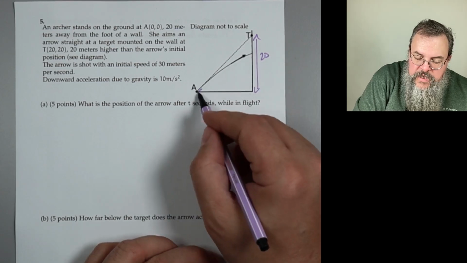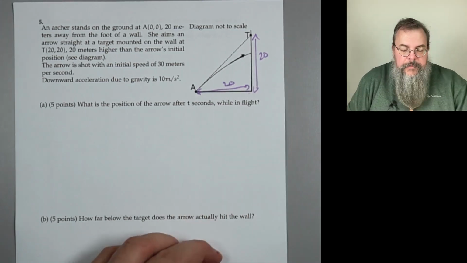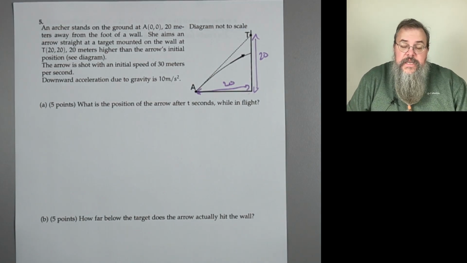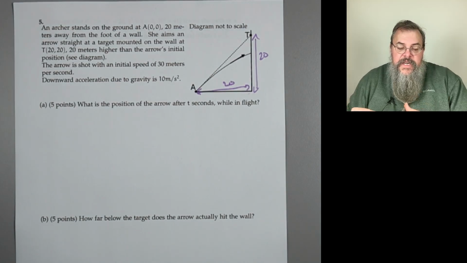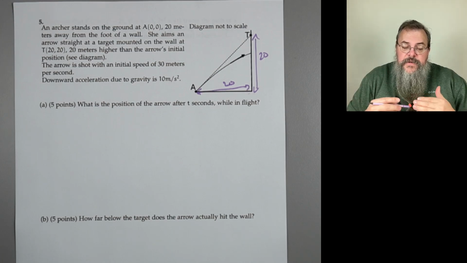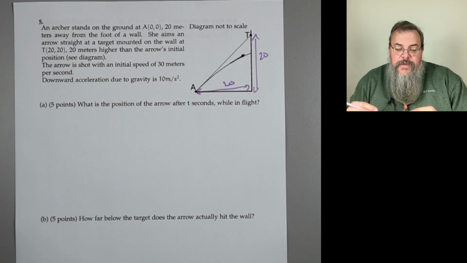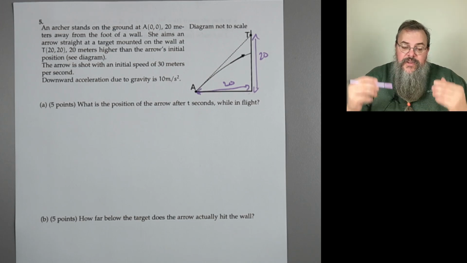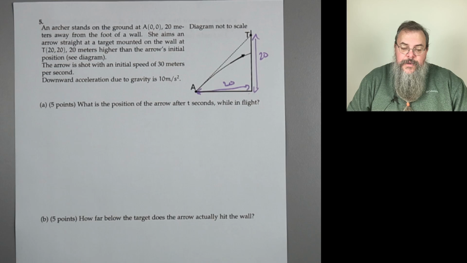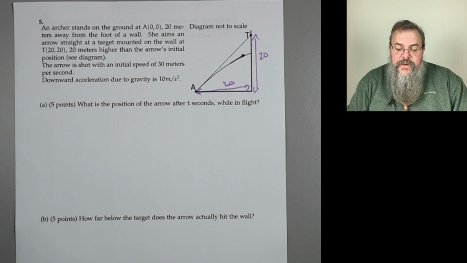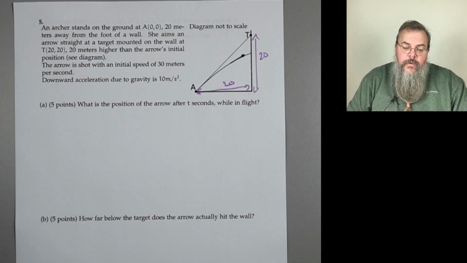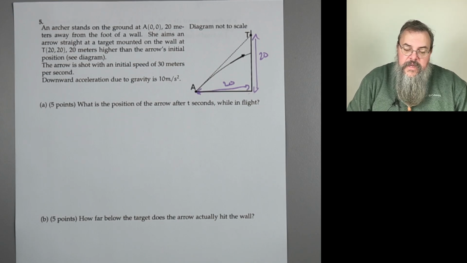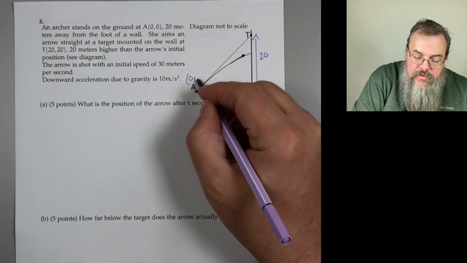Mark here 20. Okay. The arrow is shot with an initial speed of 30 meters per second. Downward acceleration due to gravity is 10 meters per second squared. What is the position of the arrow after t seconds while in flight? Now, notice that this is (0, 0).